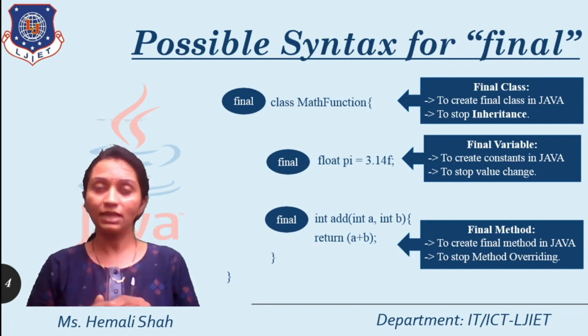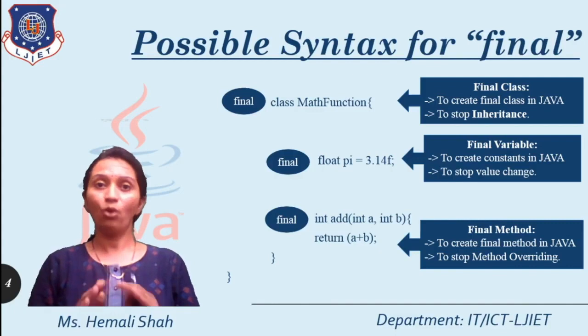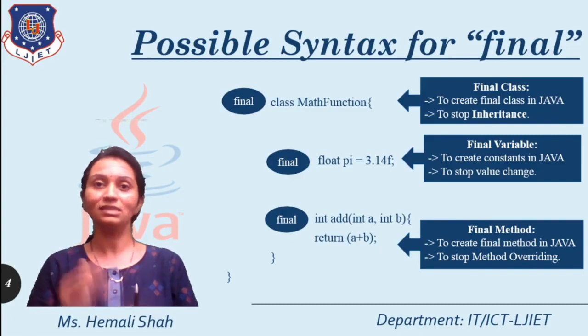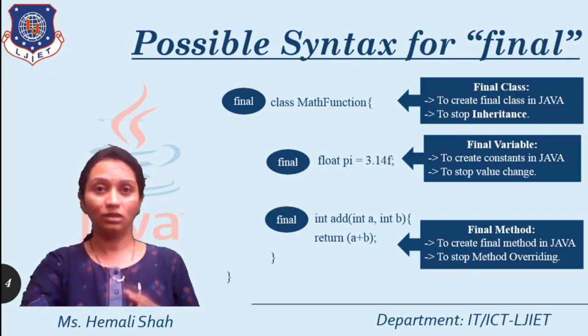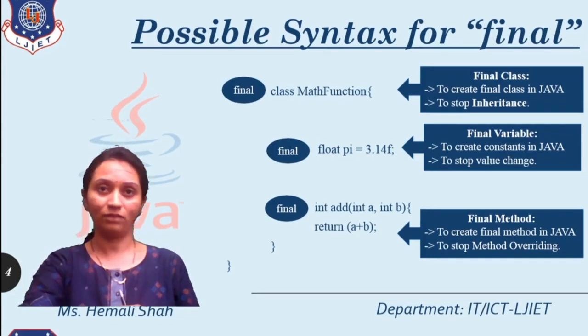If you are creating a final class in your code, then no one can create a child class of the final class. That means you are defining something as final which cannot be extended. No one can extend it, right? That means it stops inheritance, right? So hope you are clear on the syntax of the final keyword.